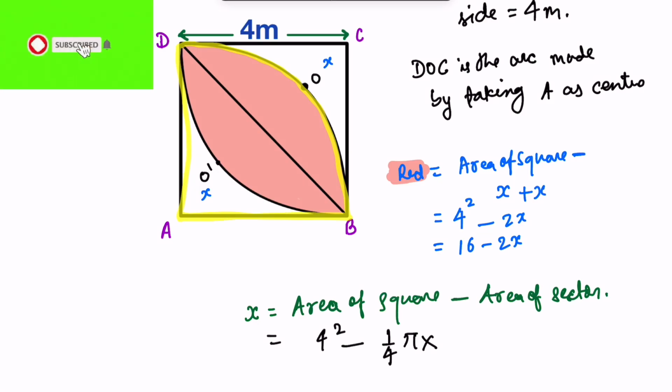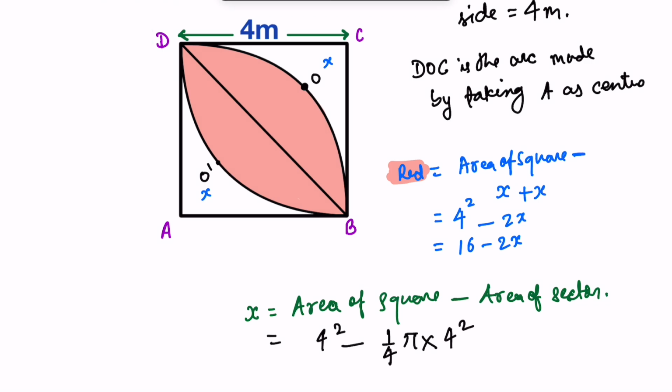So AB is the radius or AD is the radius. So radius is 4 meter, so this will be 4 square. So this is equal 16 minus 1/4 will cancel, minus 4 pi. So x is equal to 16 minus 4 pi.